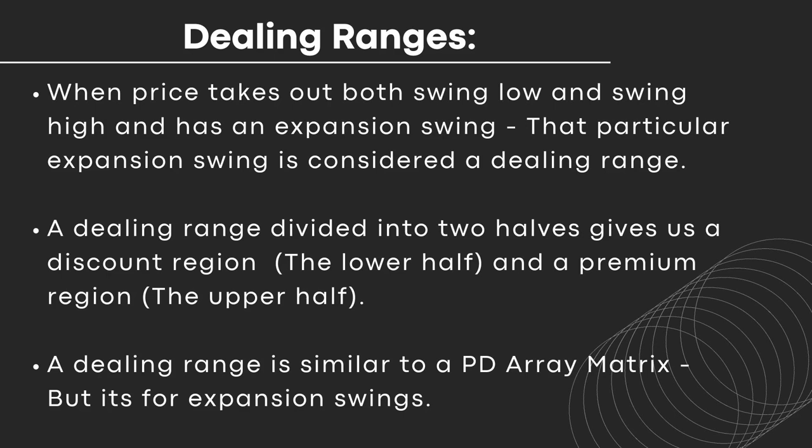That's what we call a dealing range, and when it is divided into two halves with premium and discount, it gives us a whole framework on the higher time frame which we can integrate with market profiles on the lower time frame. I hope that part about dealing ranges is clear to you, and if it isn't, you can watch and listen to this again and it will clear your confusions.